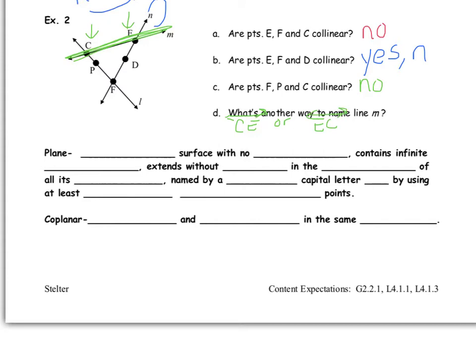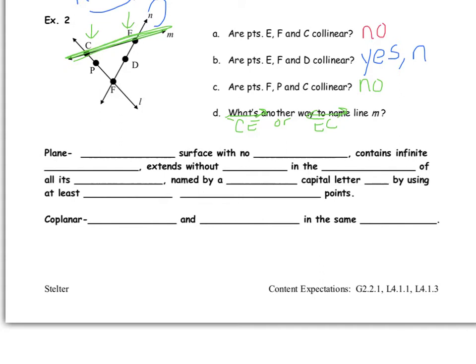Alright, so now on to planes. Not an airplane, but if you think of the Great Plains, you maybe studied in social studies, it's basically a flat surface with no thickness. It contains many lines, extends without end in all directions, and can be named with a single capital letter or using 3 non-collinear points.